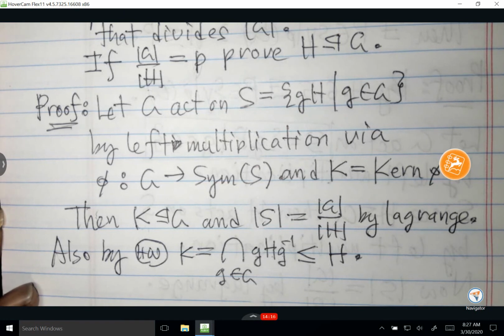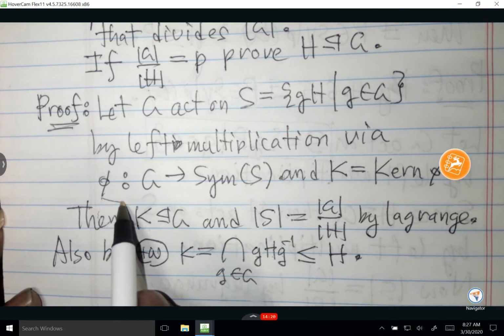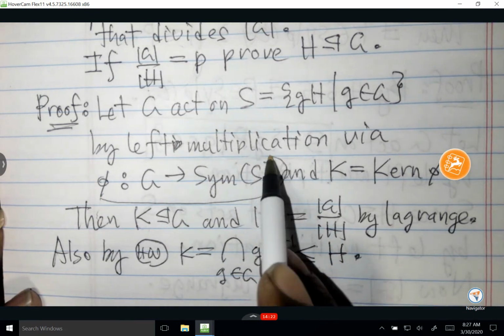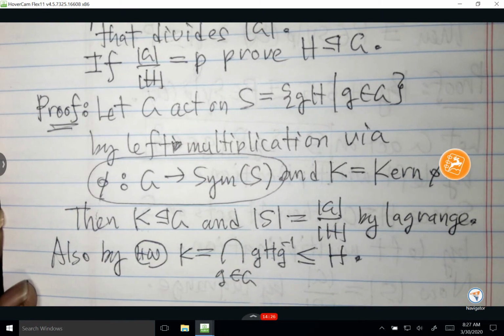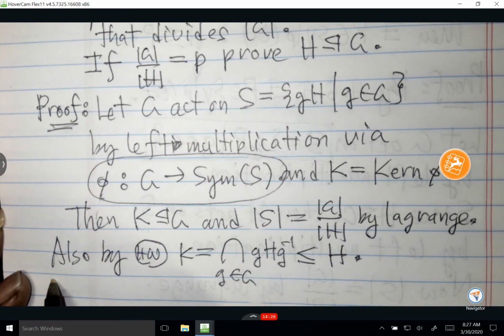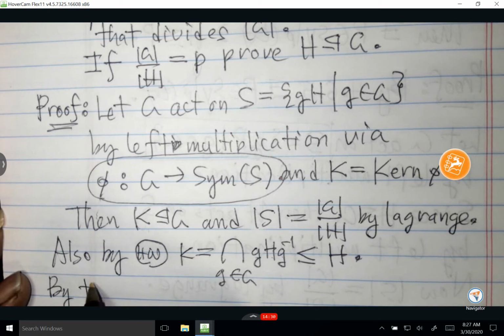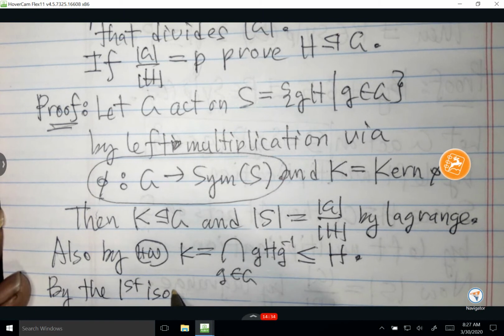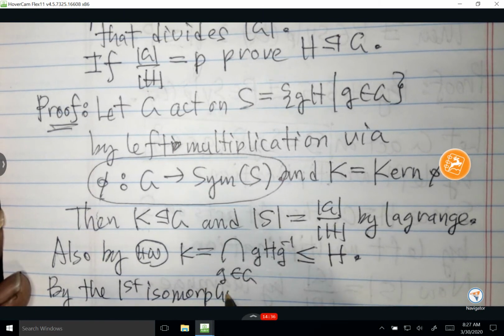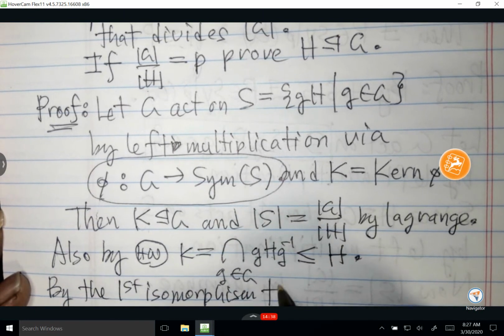Now I'm going to use the first isomorphism theorem. Since we have a homomorphism between these two groups here, I'm circling it here, I can use the first isomorphism theorem.